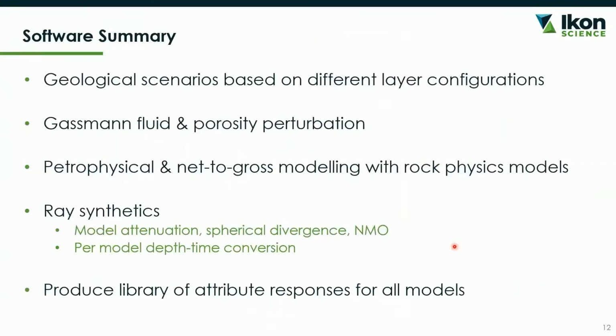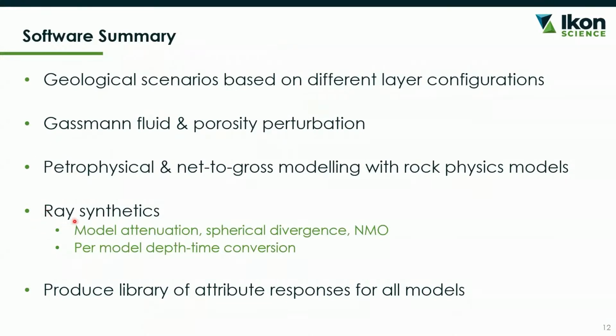And just to summarize, we have different layer configurations. You have Gassmann fluid and porosity perturbation, as well as rock physics forward modeling tools. In addition to that, you have your programmer that you might rely on. Petrophysical net to gross modeling with rock physics models as part of the inbuilt workflows.